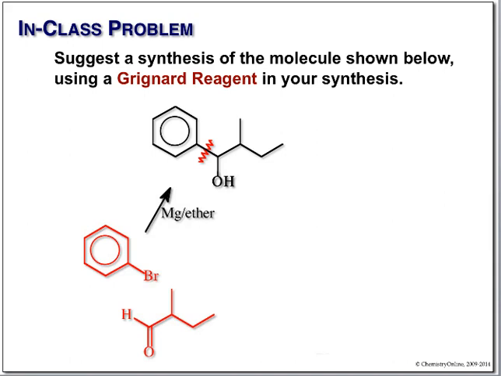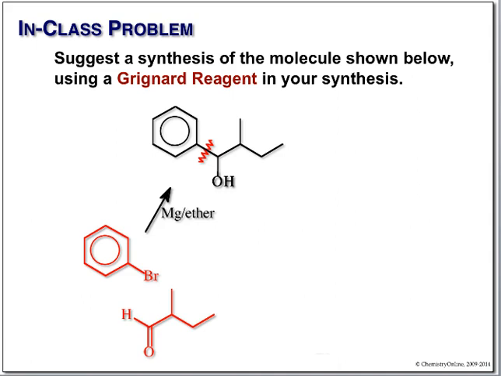The Grignard reagent was simply phenyl magnesium bromide. We've added a phenyl group, that's all. Our carbonyl here, this is a secondary alcohol, so it was an aldehyde, wasn't it? All you do is convert the OH into a carbonyl and note that it has a hydrogen, therefore it was an aldehyde. Now that's not so tough, is it?